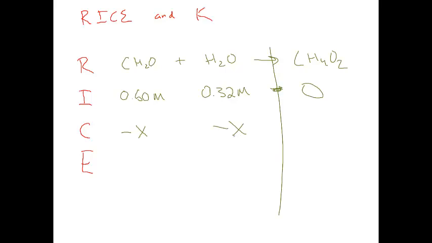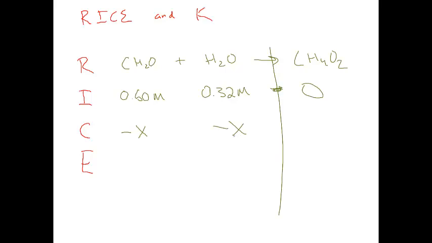If I lose X amount of formaldehyde and X amount of water, how much formalin do I get? If I lose X amount of these two things, how much of this do I gain? What's my ratio between this and this? 1 to 1, right?